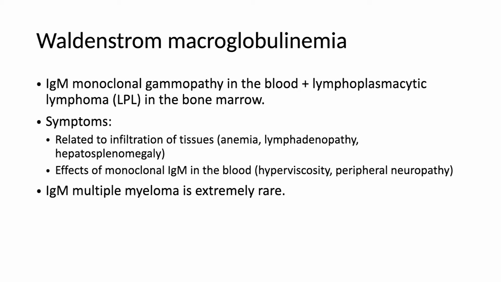Symptoms are either related to the infiltration of tissue, which causes anemia, lymphadenopathy, hepatosplenomegaly, or effects of monoclonal IgM in the blood with hyperviscosity and peripheral neuropathy. We have an entity of IgM multiple myeloma, but that is extremely rare.